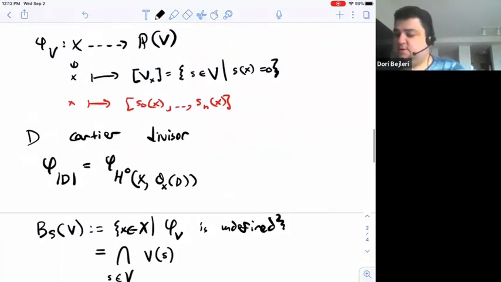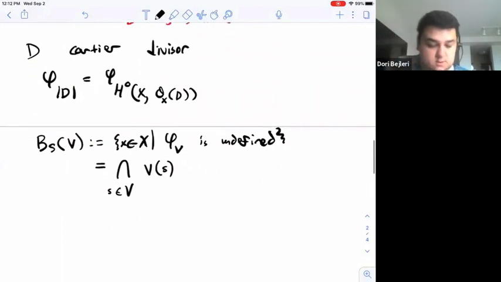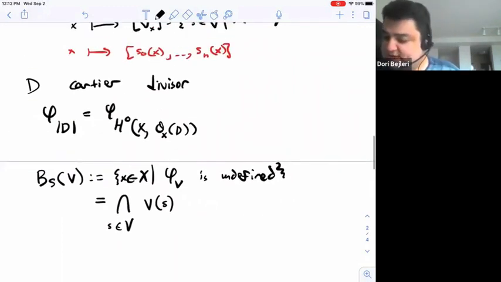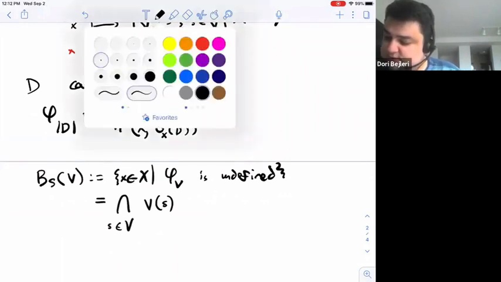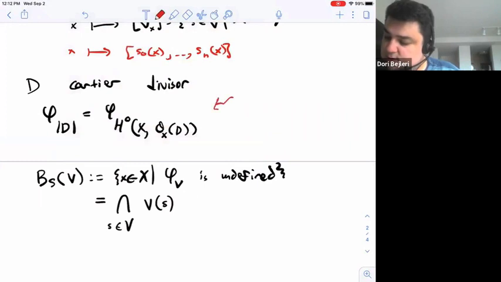So these are exactly the points where these homogeneous coordinates don't make sense because they all identically vanish. So that's where phi is not defined. Okay. And of course, the caveat, this complete linear series only makes sense if D is effective, i.e. if this is not empty.